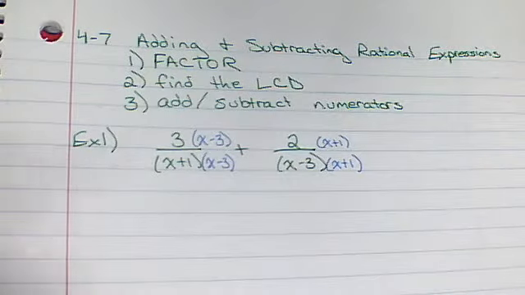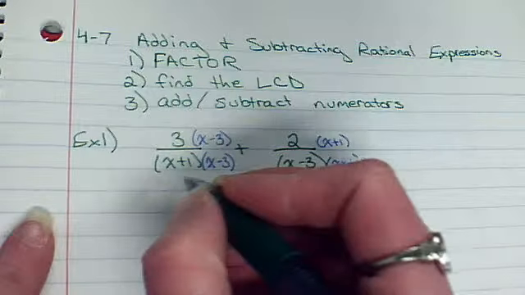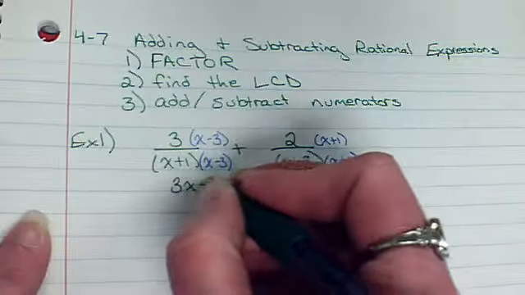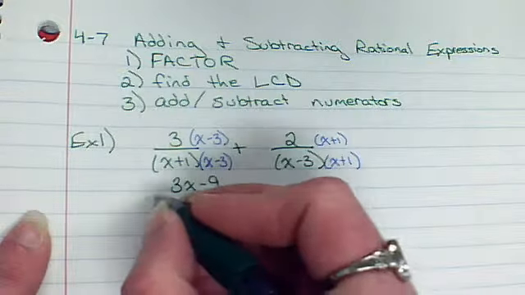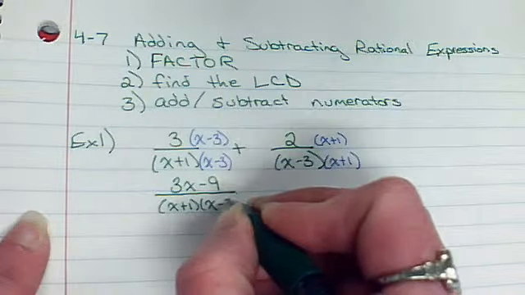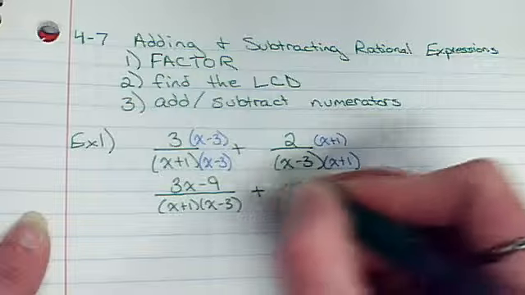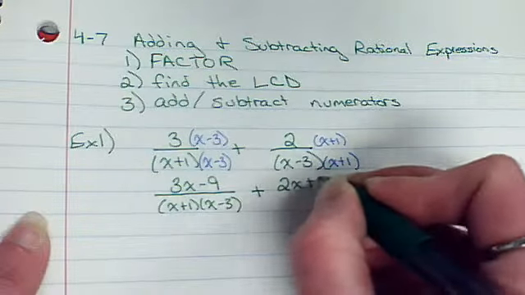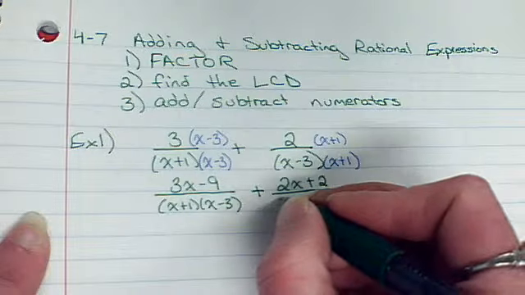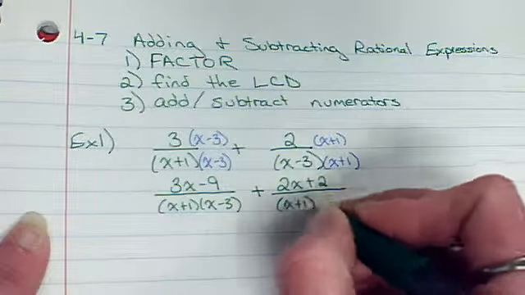So now I've got 3x minus 9 over x plus 1 times x minus 3 plus 2x plus 2, because I went ahead and distributed, over, and I can write it as x plus 1 and x minus 3.